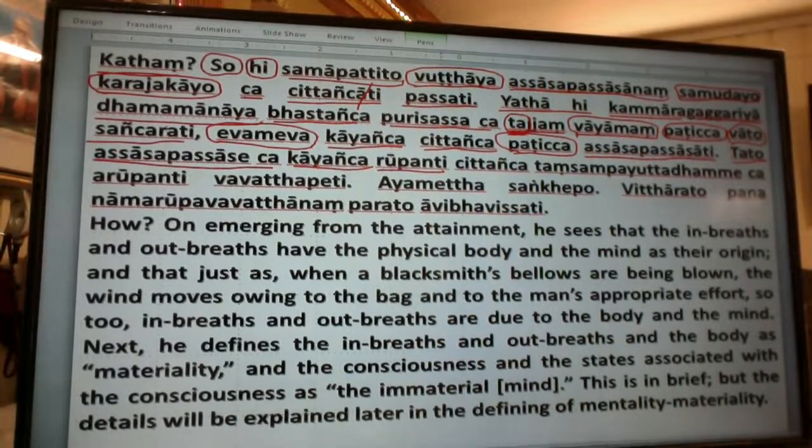Physical materiality, rupa. Chitta is mind also. Tan samyuddha dhamme ca. Tan refers to the mind. Ta refers to the mind.